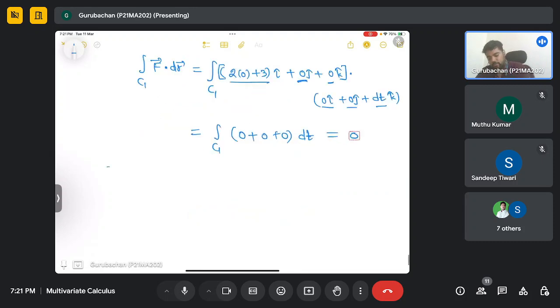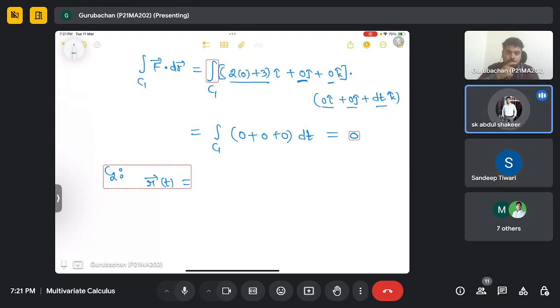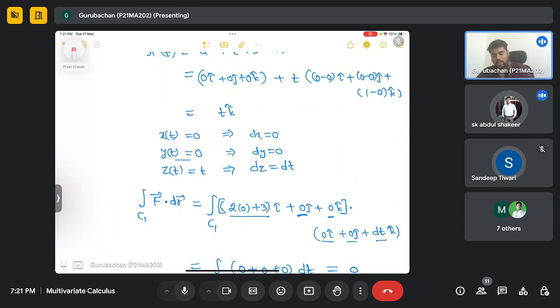In the similar way, what is the equation of this straight line? This is, sir, t j cap. Sir, we can take symmetric form also. Yes, we can take symmetric form also. It will give the same. Now xt will be 0, same. Just avoiding this.